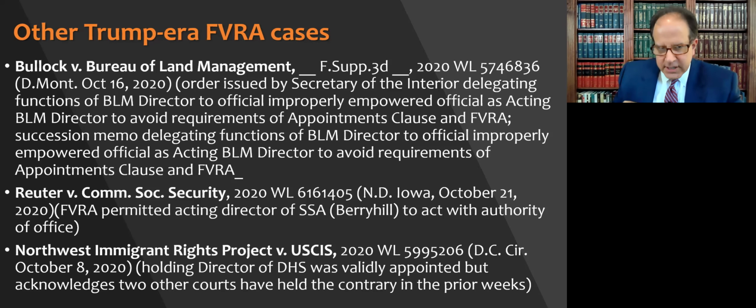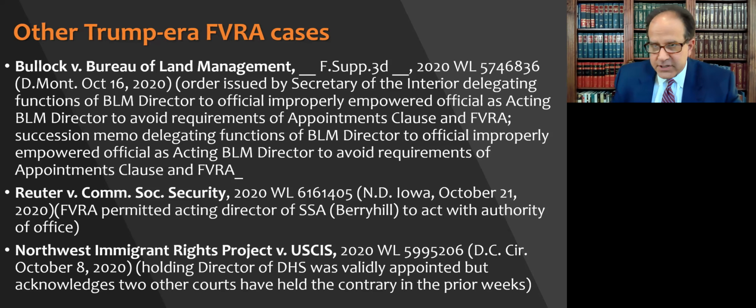We had a number of challenges to the acting director of Social Security, Barry Hill, but the courts upheld that, and we have an October case from a federal court in Iowa. And we've had a number of cases about the Acting Director of Homeland Security, Chad Wolf.